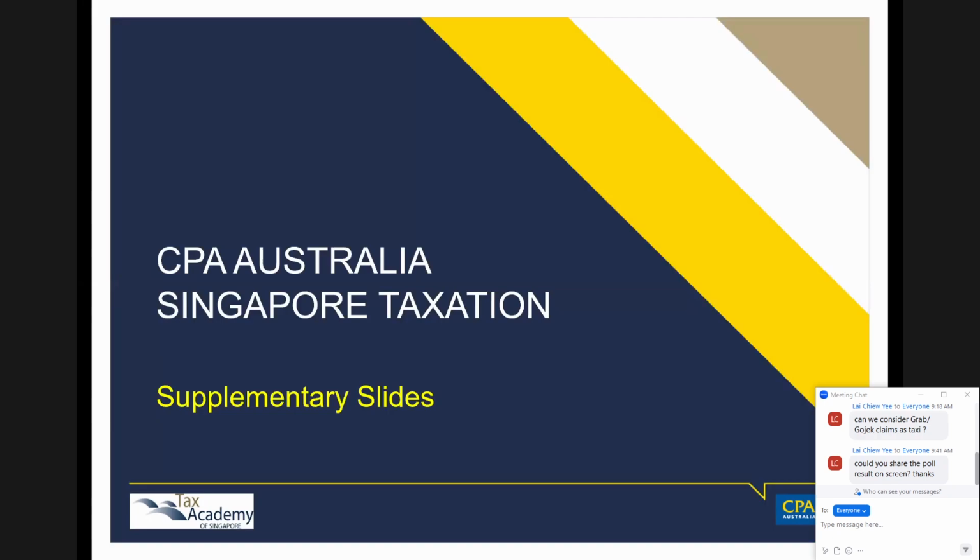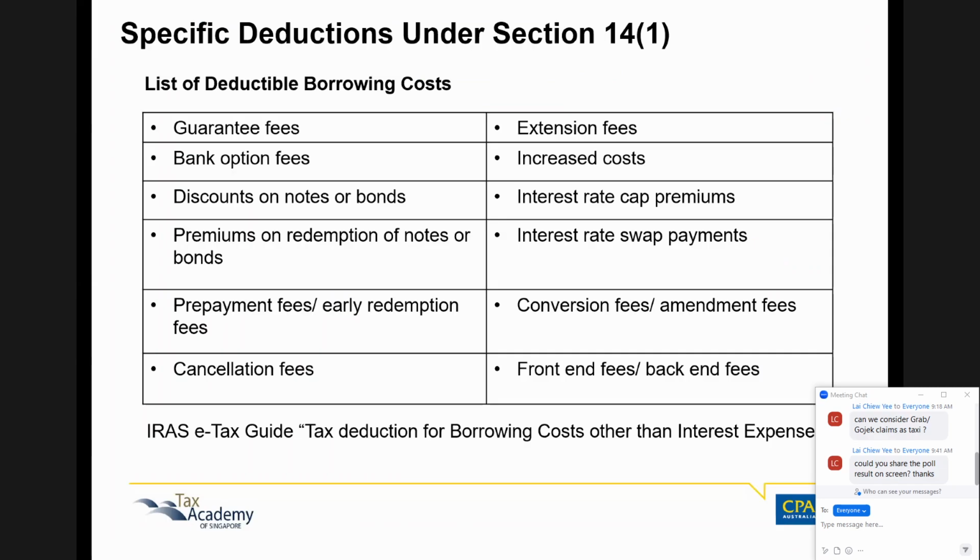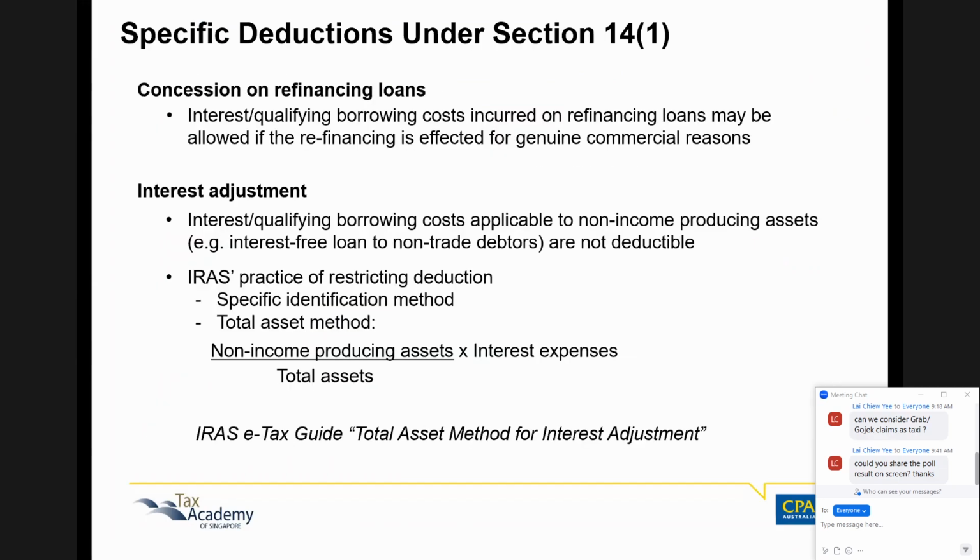Okay, supplementary slides. What do you need to do with them for the exam? Like I say, the corporate tax universe is very wide. I will not be able to cover everything. Even whatever is in a textbook is not the whole universe. So the supplementary slides are good for reading for your own daily work.